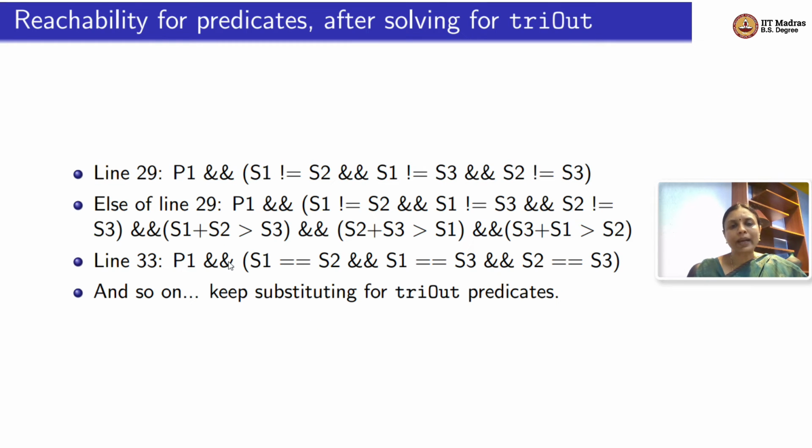I substituted back. The formulas will just get longer and longer, but nothing goes wrong. The nice thing is that all the predicates have now been found to be reachable. I know the conditions for their reachability purely in terms of values of the inputs, right?